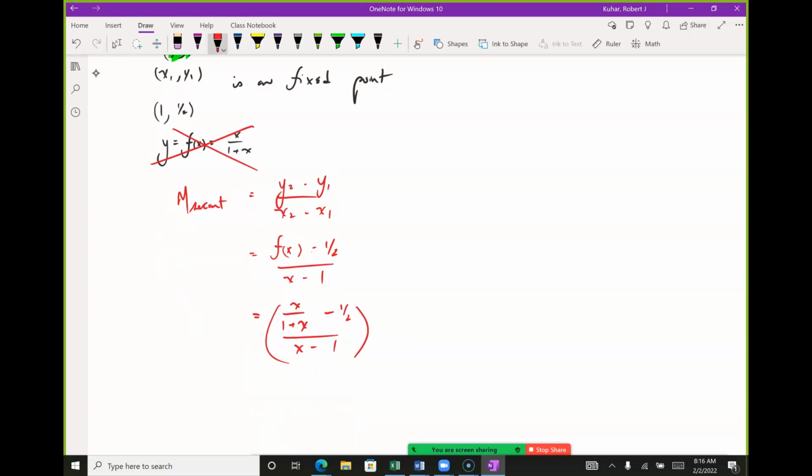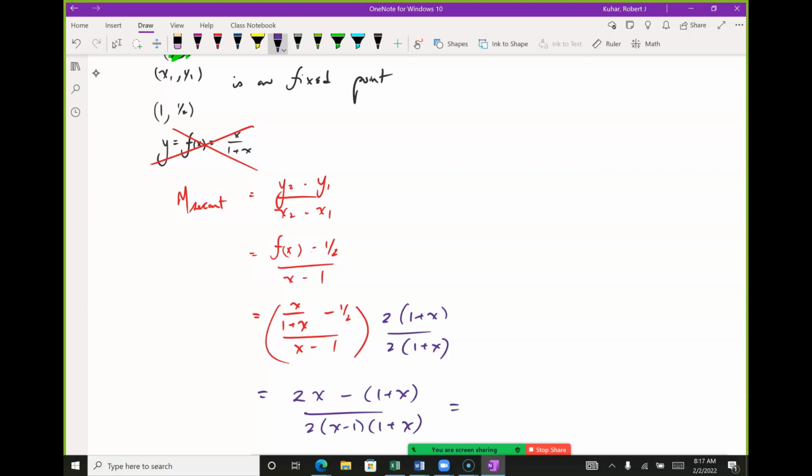I think we did this last class, right? Yeah. And so I want to use 2 times 1 plus x over 2 times 1 plus x. And since we did it last class, I'm just going to go right away to a quick version: 2x minus 1 plus x over 2 times x minus 1 times 1 plus x.